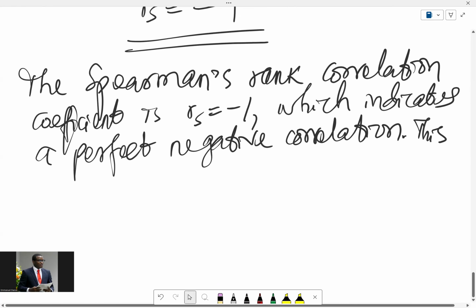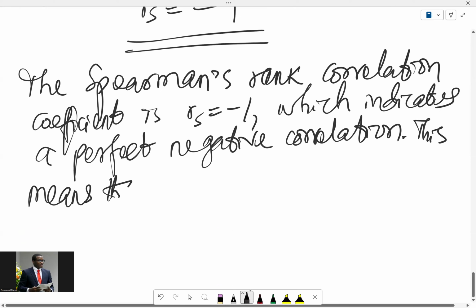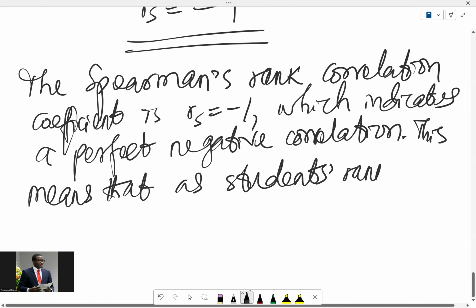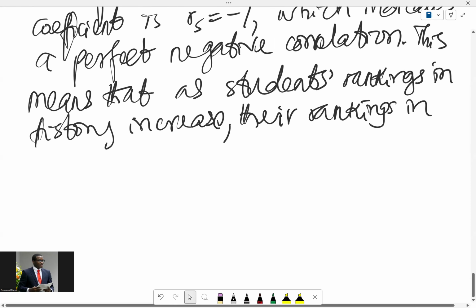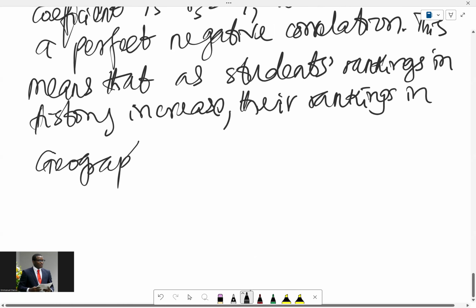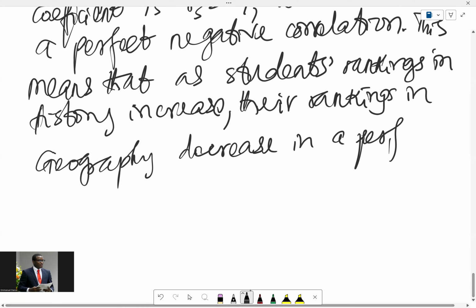This means that as students' rankings in history increase, their rankings in geography decrease in a perfectly inverse manner.